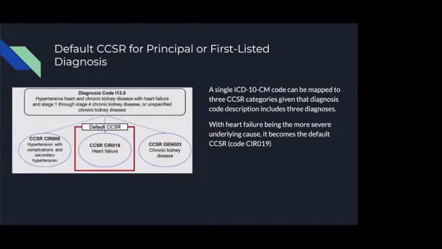From that single ICD-10 code, you can map it onto 3 CCSR categories, given that the diagnosis code includes 3 different diagnoses: hypertension, heart failure, and CKD. Now, because heart failure is considered the most severe underlying cause, it becomes what we call the default CCSR code. So it overrides and becomes the hierarchical one, which is very important, as we'll see in a bit, for how you can categorize your data using that system.